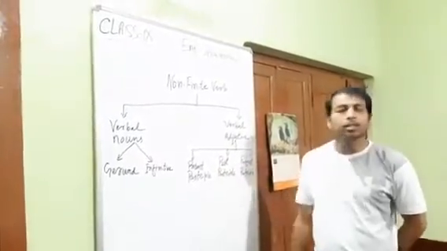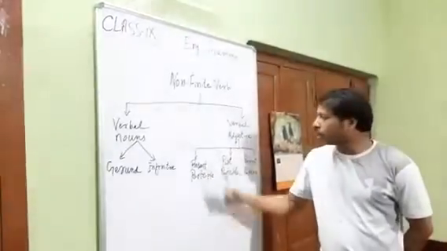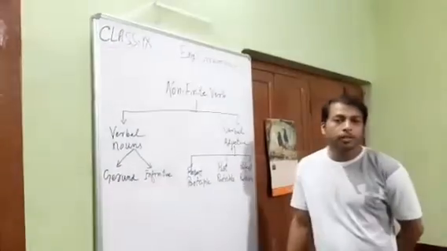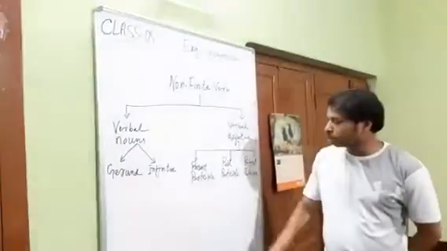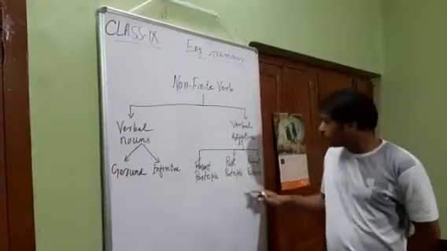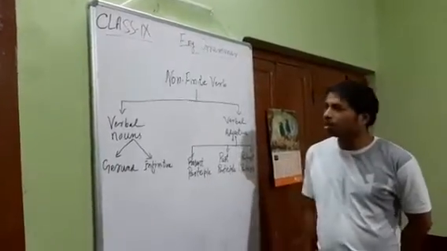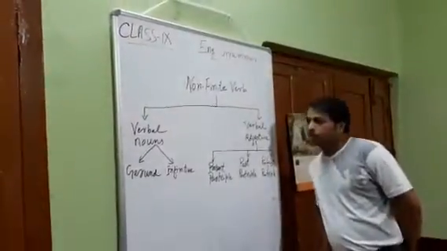So the basic difference is these verbs have the force of noun in them and these verbs have the force of adjective in them. And these verbal adjectives can be divided into three groups: present participle, past participle, perfect participle. Now let's learn about each of them.